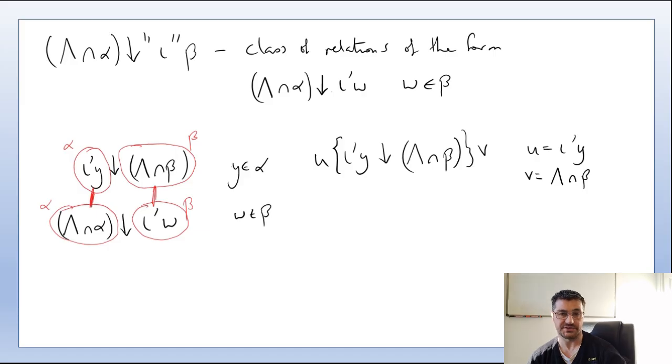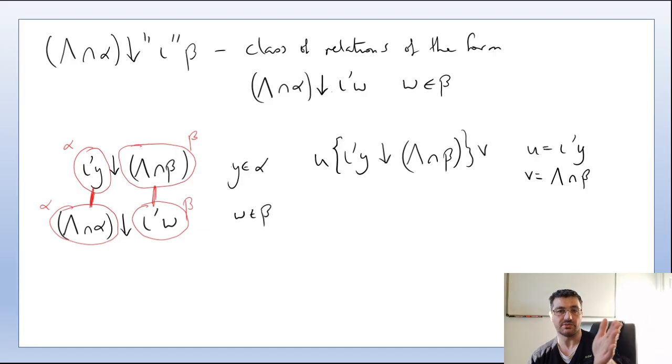Well, there's only one thing that v can be then, right? We're not saying that v is a member of the null class. We're saying here that v is the null class. But there is only one null class, so v can only be one thing. On the other hand, u ranges.